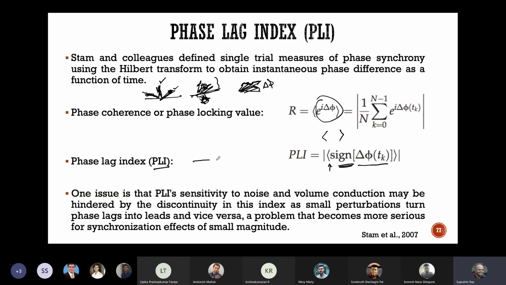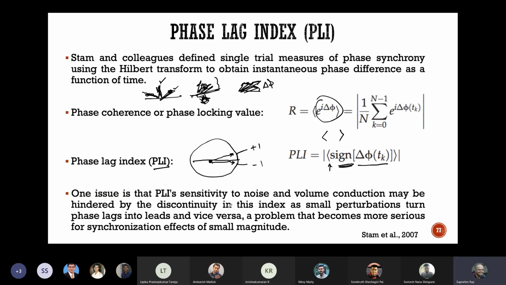So when you are very close to zero, a vector like this versus a vector like that. So this vector has a contribution of +1. This vector has a contribution of -1 because I'm looking at just the sign of the angle. So if the actual phase difference between two signals is close to zero, then a little bit of noise can have a very big effect.